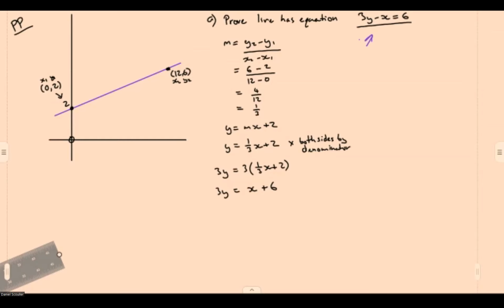So moving the letter terms to the left-hand side would give us 3y minus x equal to 6. And that has proved the initial statement.